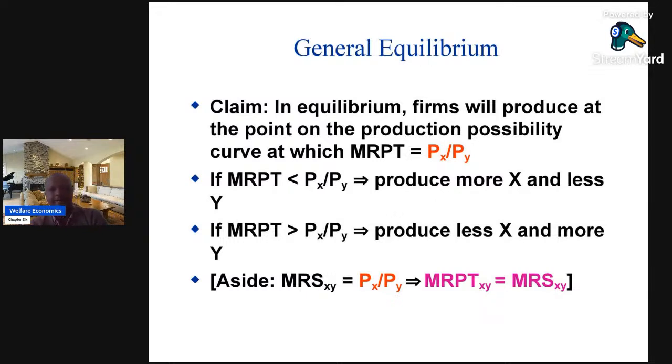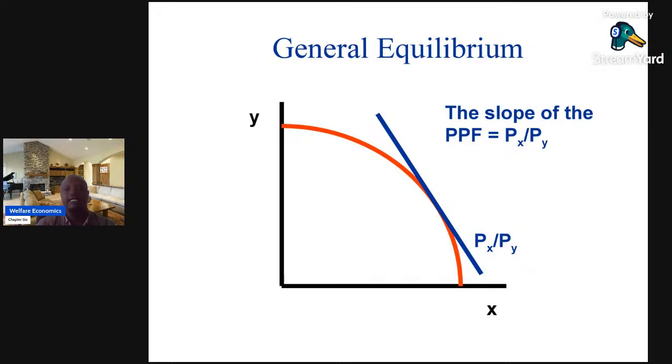Budget line in Kenya mo price of x over price of y it should be equal to that means this implies marginal rate of substitution x for y equal to the slope of the budget line, implies that the marginal rate of product transformation is equal to the marginal rate of substitution x for y.